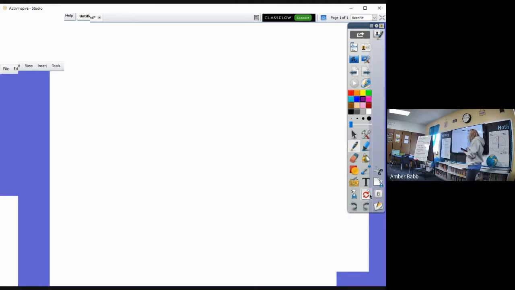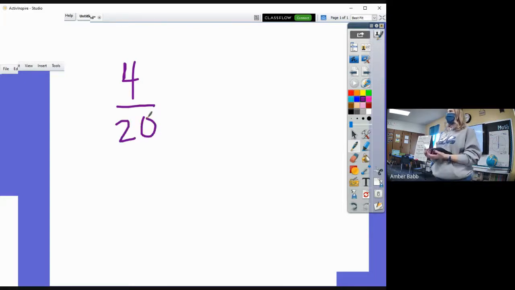Let's do the next one. What is my greatest common factor? Always look first to your numerator, because a lot of times your numerator is the greatest common factor, since the number can't be bigger than your numerator. If your denominator can divide by your numerator, that is your greatest common factor.